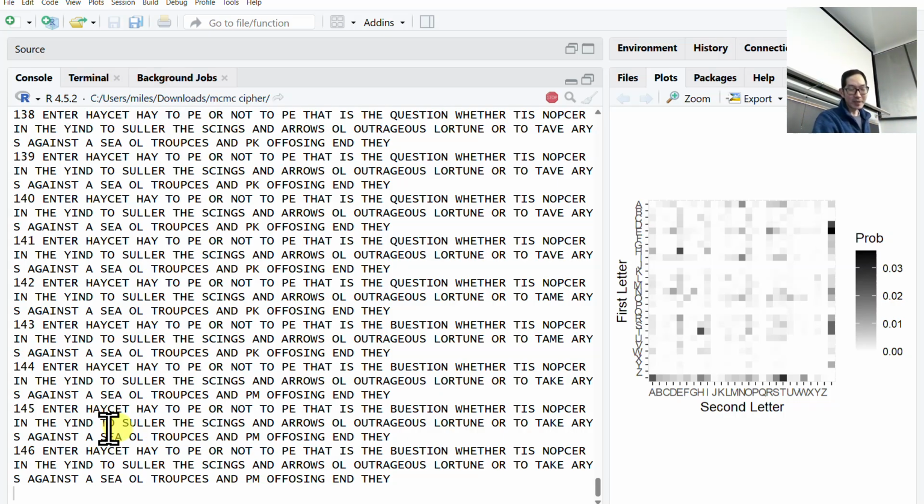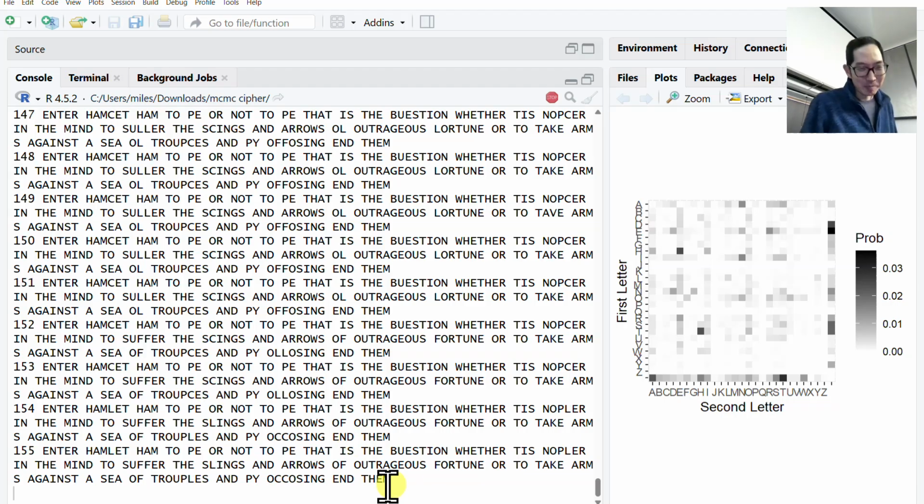All right, we have enter hey set hey to PE or not to PE. That is the question. Whether 'tis Notker in the mind to sullar the skings and arrows, ol outrageous Lorton, or to take arms against a sea old troopsies. Okay.